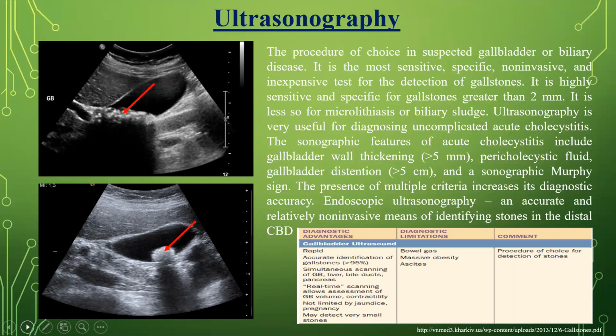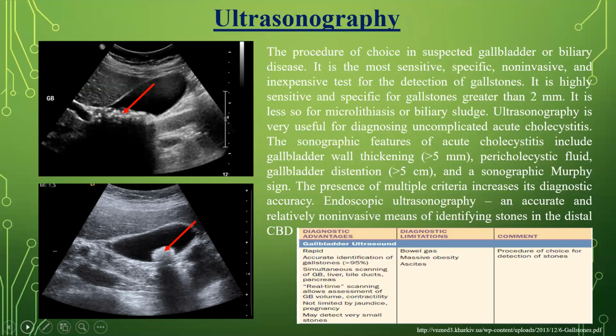Ultrasonography is the procedure of choice when suspecting gallbladder or biliary disease, and is the most sensitive, specific, non-invasive, and inexpensive test for detection of gallstones, changes in the wall of the bladder, functional changes, or deformation of the bladder and the bile ducts. It is highly sensitive and specific for gallstones greater than 2 mm, and less so for microlithiasis or biliary sludge.